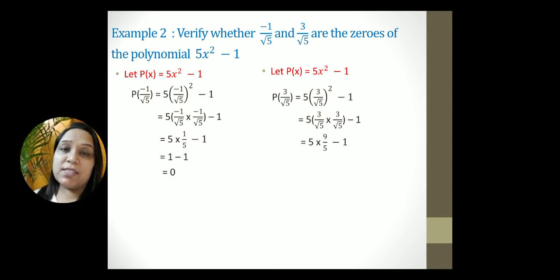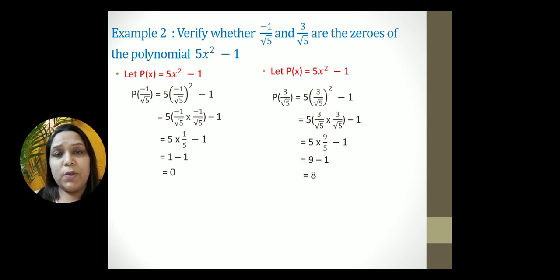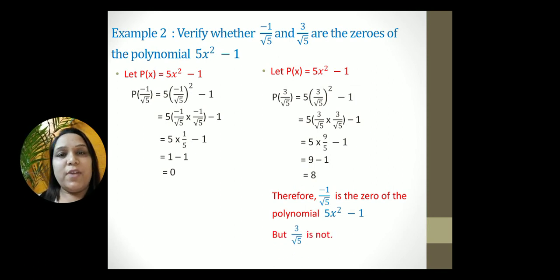So it will give us the value 9 minus 1, which is equal to 8. So it is not giving us the value 0. It means it is not a zero of the polynomial. So minus 1 upon under root 5 is a zero of the polynomial, and 3 upon root 5 is not.